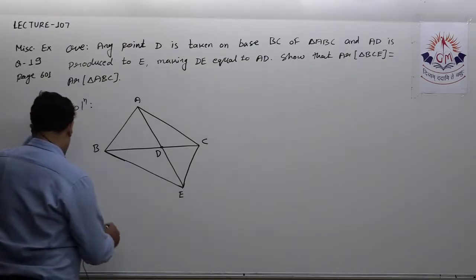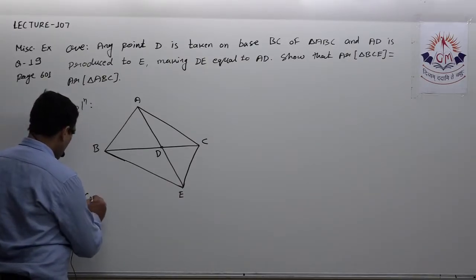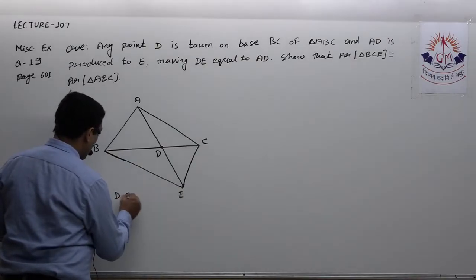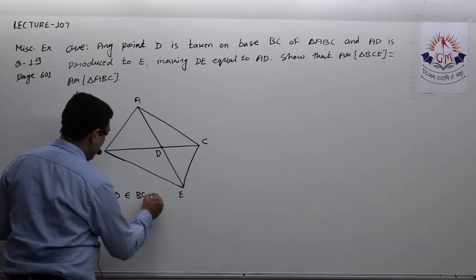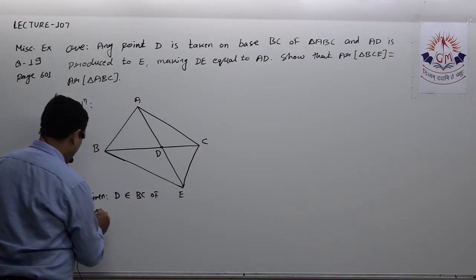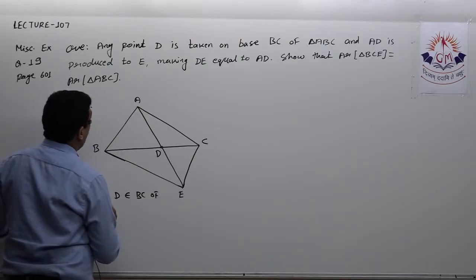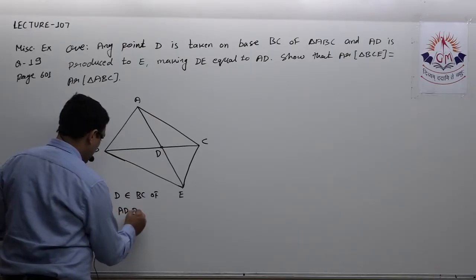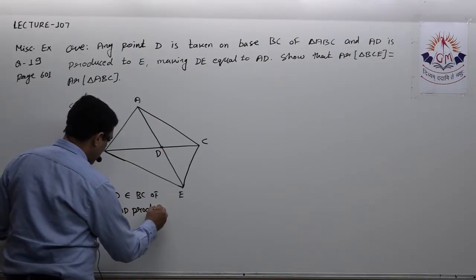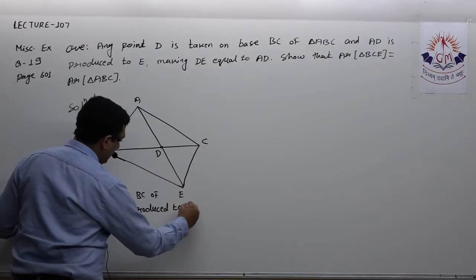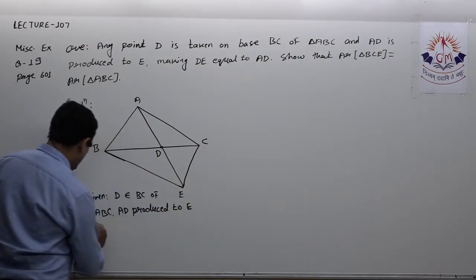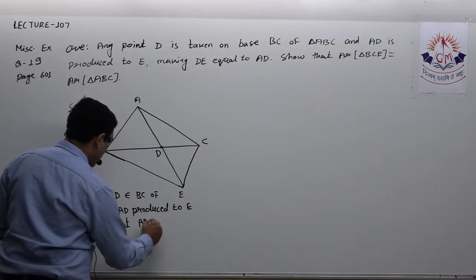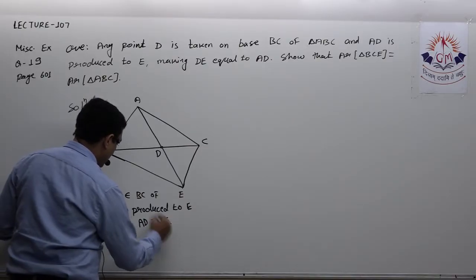Okay, so let us see how to solve this. What is given: D belongs to BC of triangle ABC, AD is produced to E such that AD is equal to DE.